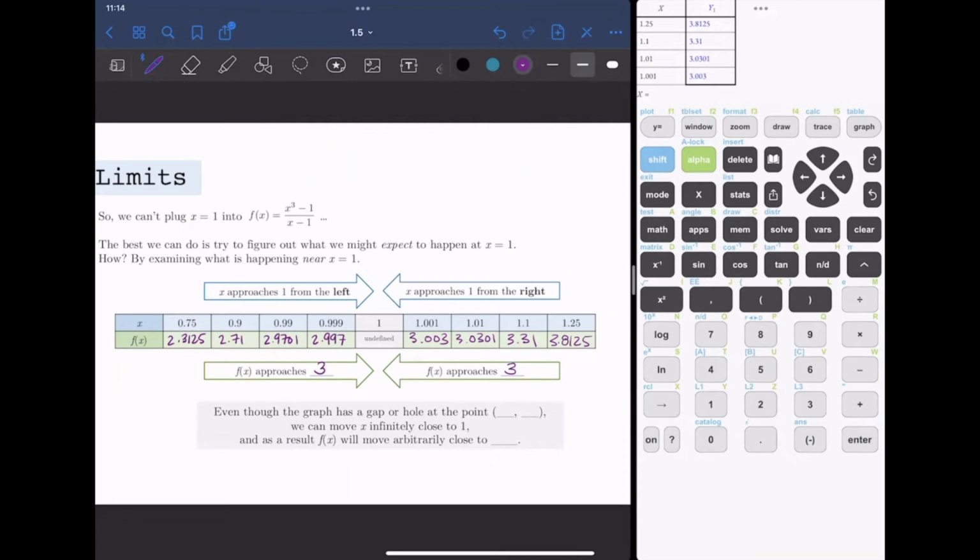Here's a second way that you can plug in some x values into a function, a shortcut using your calculator. If you have the function in y equals, you can go back to the home screen and ask it to plug in x values here.